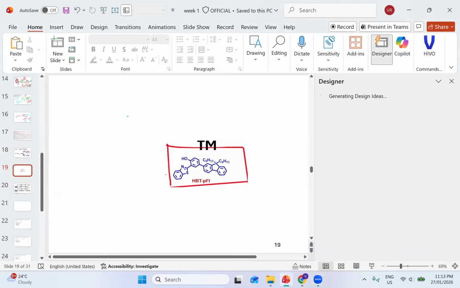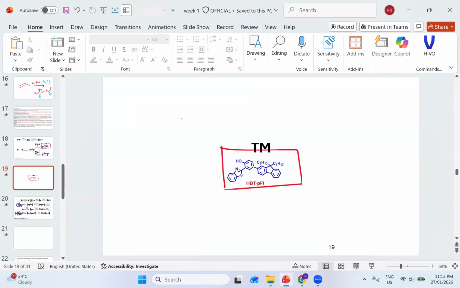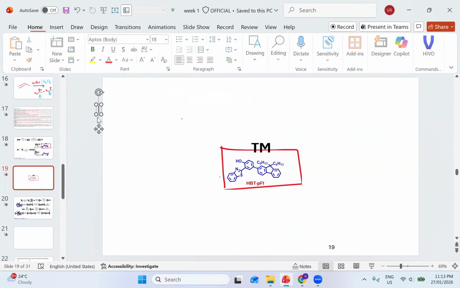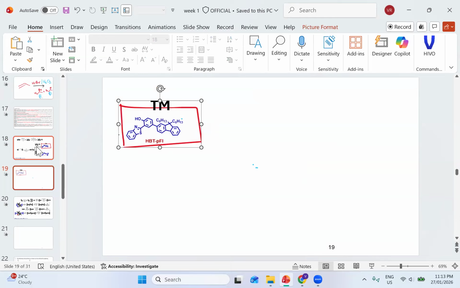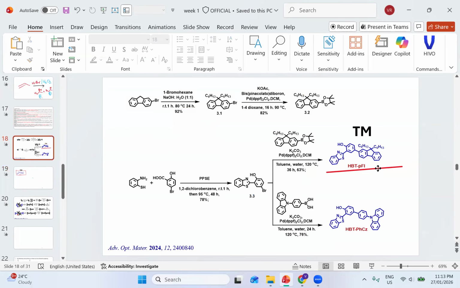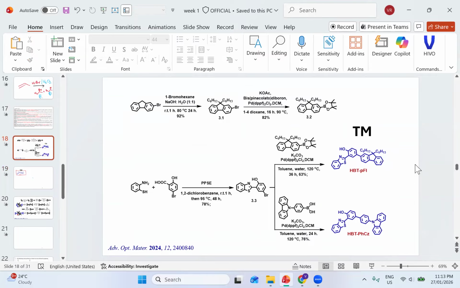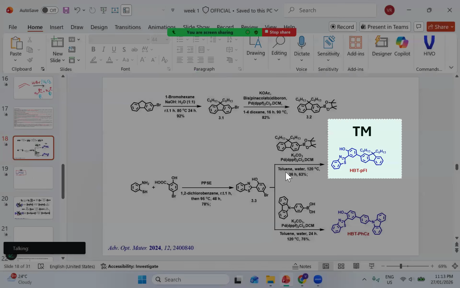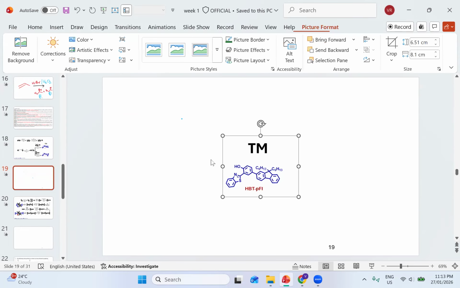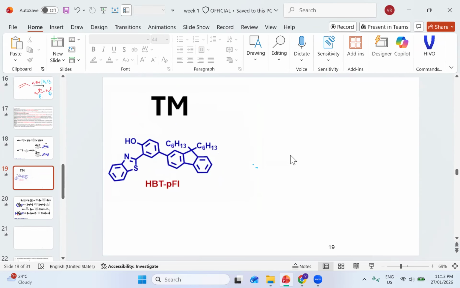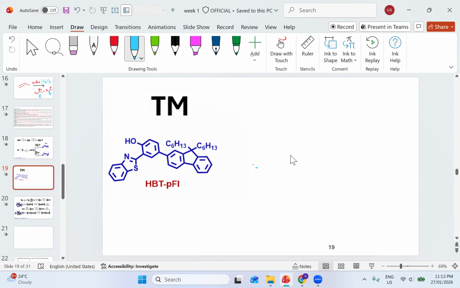Let's say this is my molecule. Yeah. So this is my target molecule, and in this molecule, we have to get the simplest starting material to synthesize this molecule.